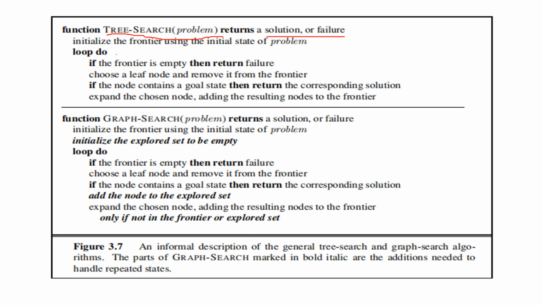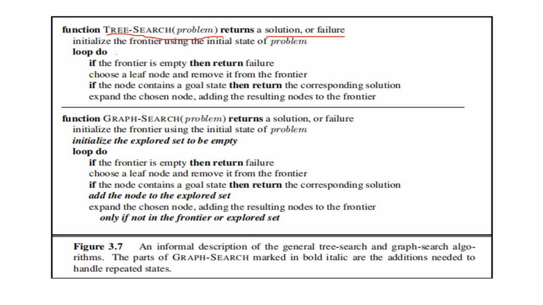Then expand the chosen node, adding the resulting nodes to the frontier. So every search algorithm checks for the goal state after removing from the frontier. Expand the chosen node and apply all the operators, and we will choose the next node and add it to the frontier.